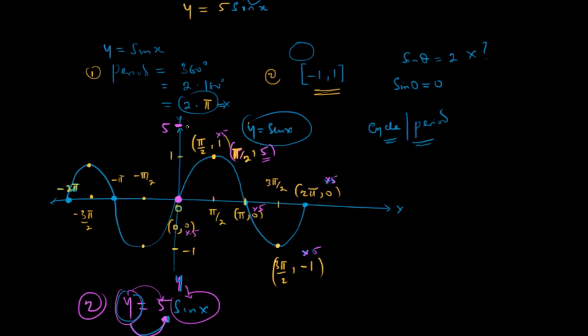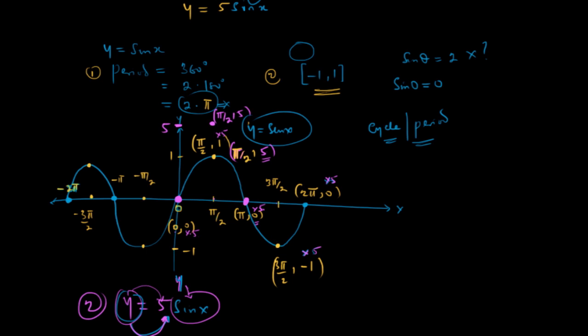Let's say this is going to be the new 5. So the graph is going to shift to this place here. So this is going to be (pi over 2, 5). For the next one, which is this point here, multiply 0 by 5. 0 by 5 is still 0, so it's still going to be (pi, 0), so it does not move.